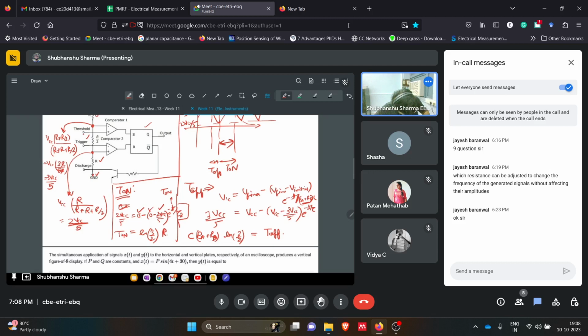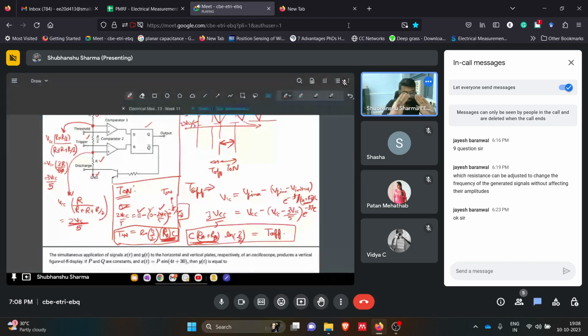RA, this is the resistance which is being attached to the capacitor, RA into C. So we have the T off expression and the T on expression. The things which remain the same are RAC and (RA plus RB) C. You can remember it like this also.